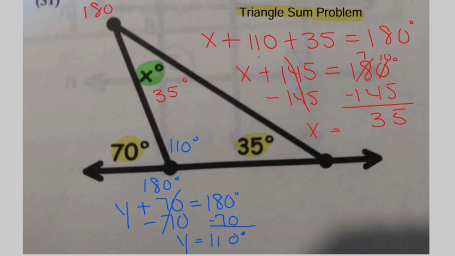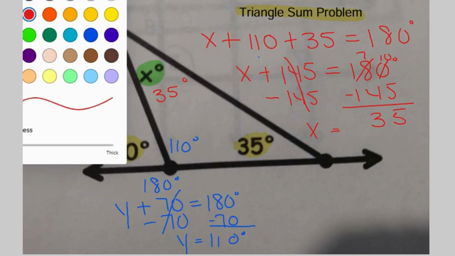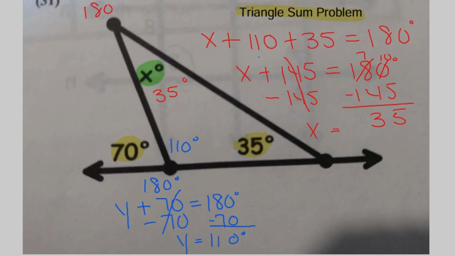Okay? Now, how would we check this just to make sure that it is correct? Well, we can add all three angles together, or we can plug 35 back into x and see if those equal 180.